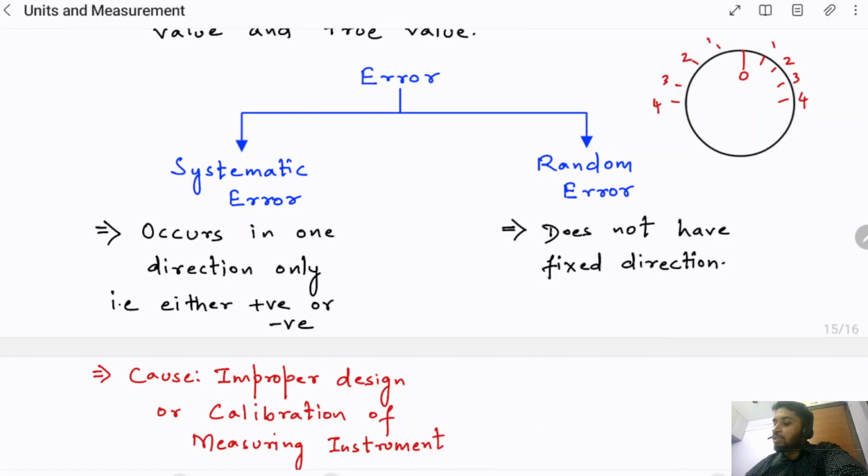If we have not connected this ammeter to any circuit, the reading of the ammeter should be 0.